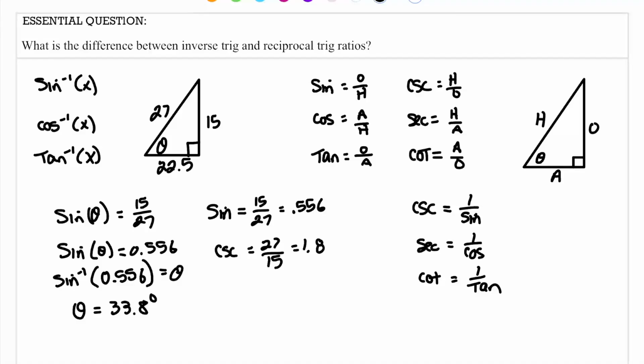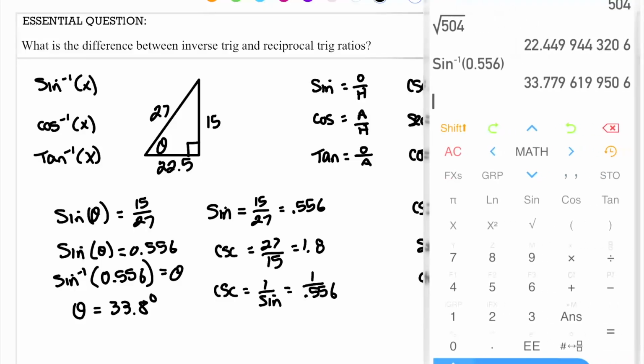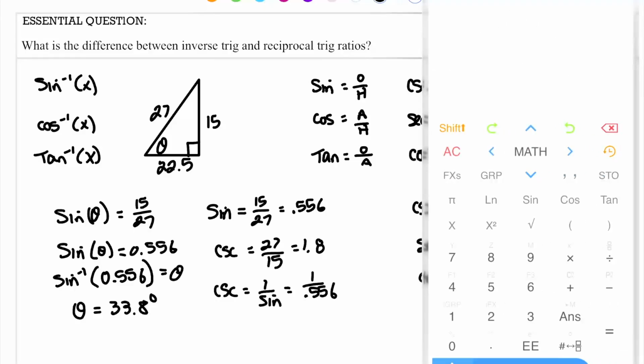Now, the other thing you could do, since cosecant equals 1 divided by sine, that means we could do 1 divided by 0.556. And if we look at that here, 1 divided by 0.556 gives us 1.8. So just know that reciprocals are flipping the ratios.